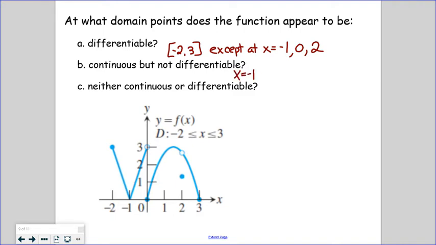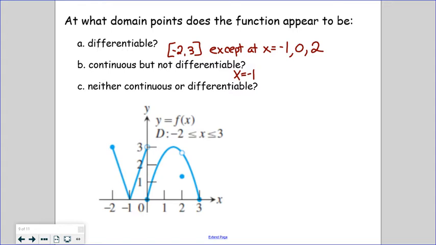How about at the next one? Not continuous, not continuous. So think about your options at the beginning. Corners are going to stay continuous, but not differentiable. Cusps would be the same thing. And actually, the vertical tangents would be the same thing too, because I'm not picking up my pencil on any of those. It's that last category here, neither continuous nor differentiable. So any of those times that it was discontinuous that made us say not differentiable go in that last category.